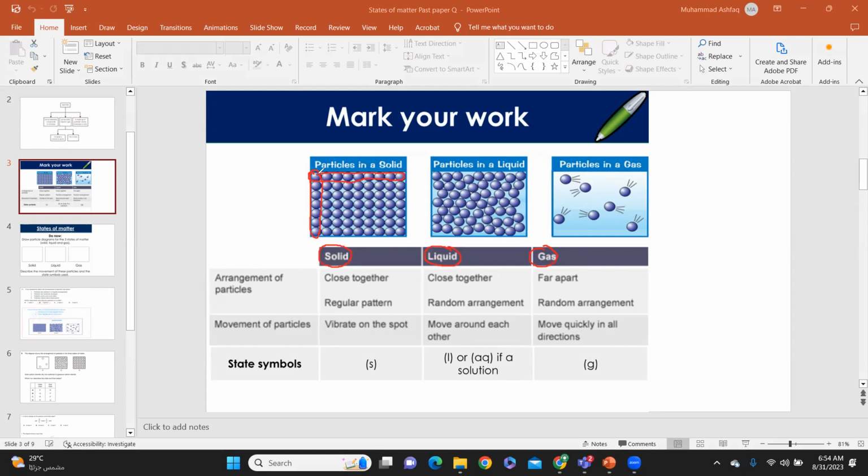Not about the bonding, just see the structure. In the solid state, the particles are close together. Don't forget that condition and structure, how particles exist in that state.